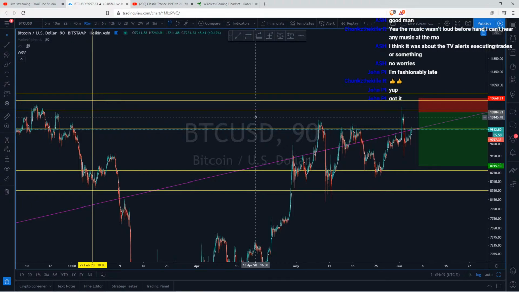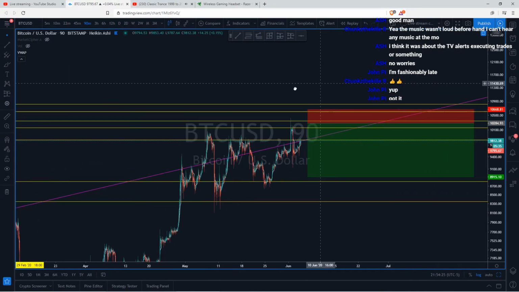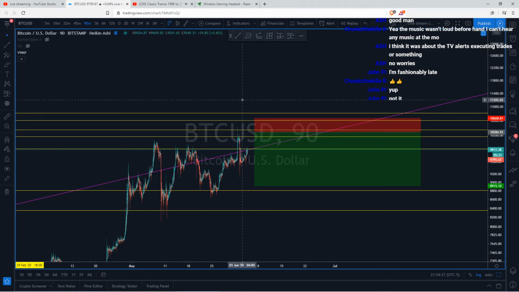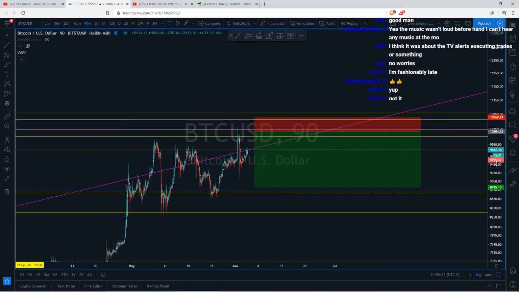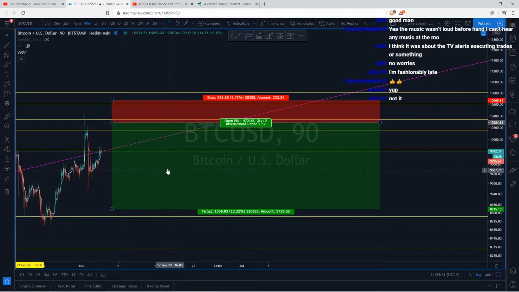So that is definitely a resistance level right there. You can see a touch here, a touch here, a touch here. So we're going to put a line in right there. All right. And let's say we wanted to execute a short trade based off of that.